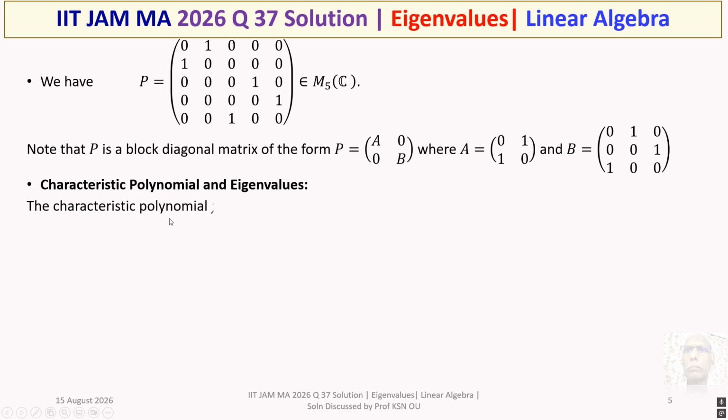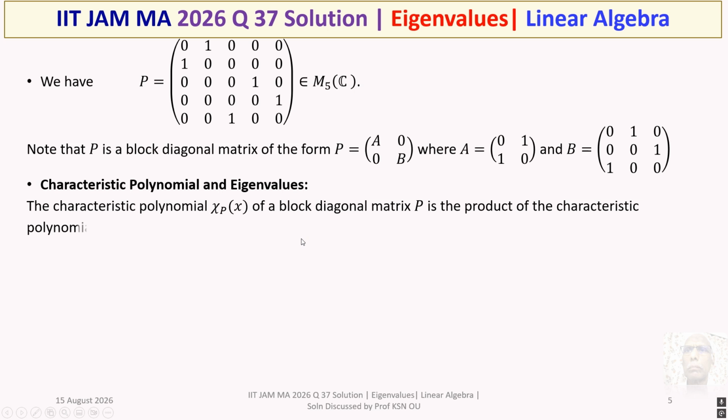Now the characteristic polynomial chi P of x of a block diagonal matrix P is the product of the characteristic polynomials of its individual blocks. What are the individual blocks here? A and B. Therefore, chi P of x will be equal to chi A of x multiplied by chi B of x.